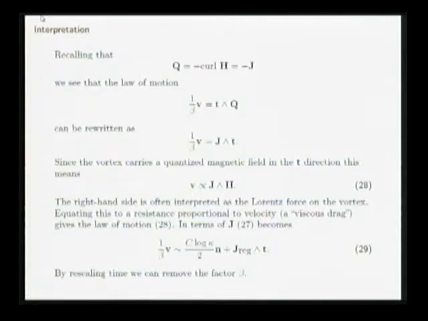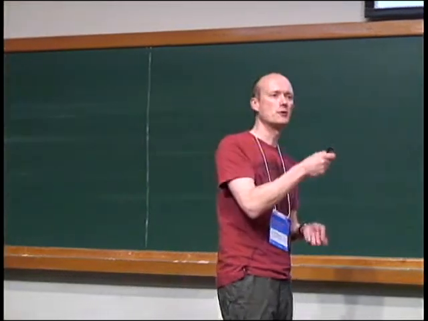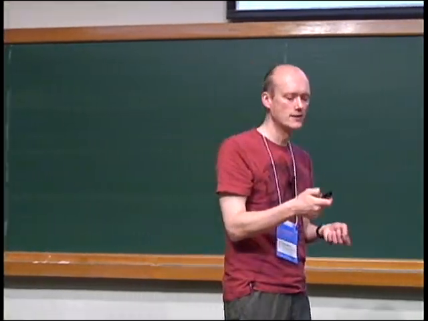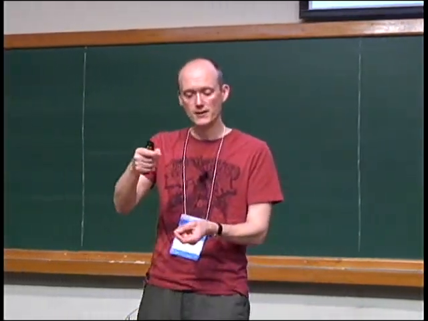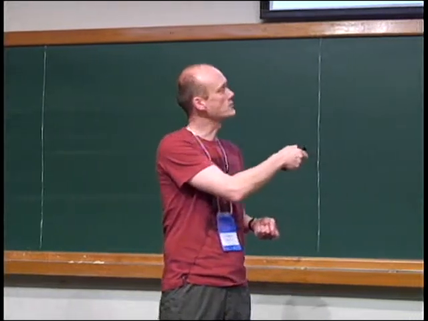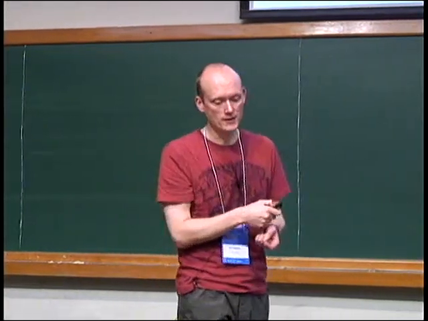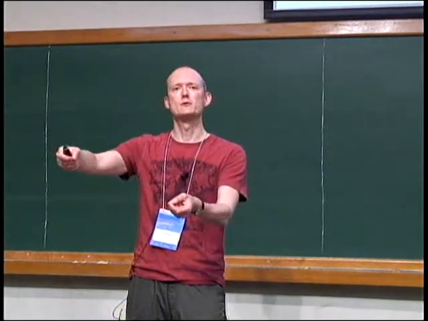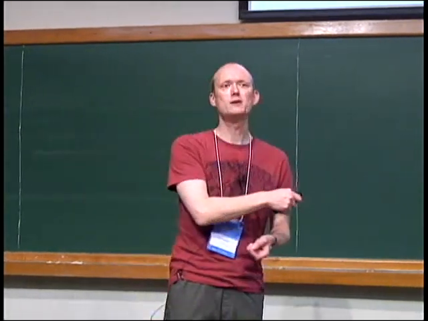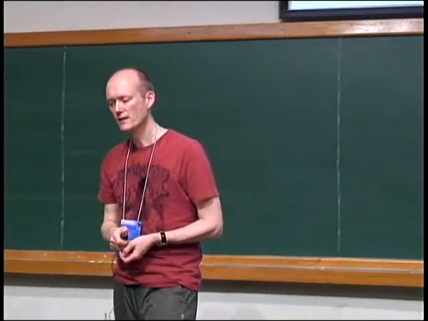If I have a wire carrying a current j, and I put that wire into a magnetic field of strength h, then the wire would feel a force, and the force would be proportional to the current, it would be proportional to the field, and it would be in the direction of j cross h, and it would cause the wire to move. This is how electric motors work, for example. And so one interpretation of this law of motion is that this j cross h is giving you a Lorentz force on the vortex.